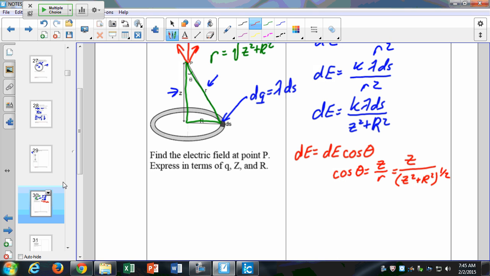All right, so we can now rewrite this where we have dE equals k lambda ds divided by z squared plus R squared. Right, that's just what we had up here. And then we're going to multiply by this cosine theta term, z over the square root of z squared plus R squared. All right, we can simplify this, and then we'll just take the integral.